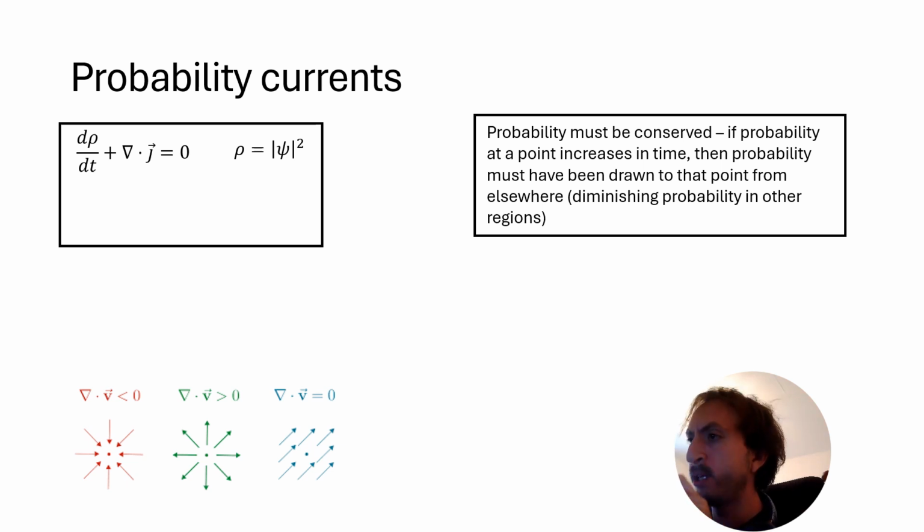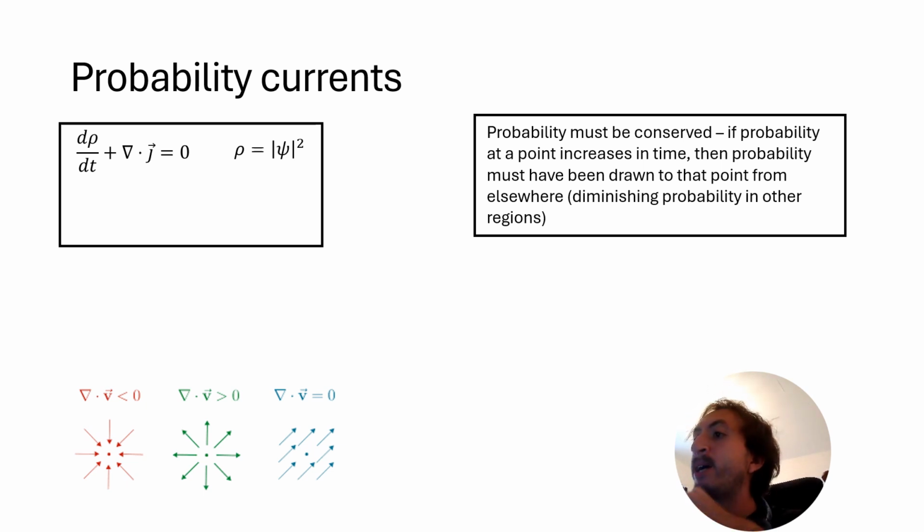And that minus sign is important because if the charge in a region is increasing, then that must mean that charge is being drawn towards that region from other pieces of the paper, in which case you need the divergence to be negative if your charge density increases. So that minus sign is important for those reasons.